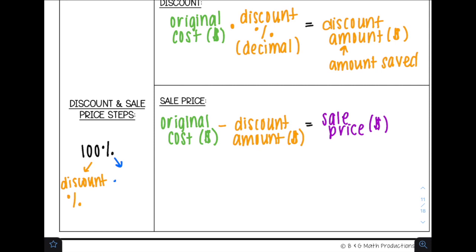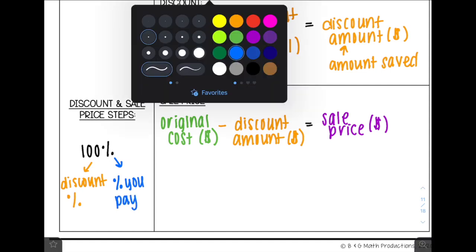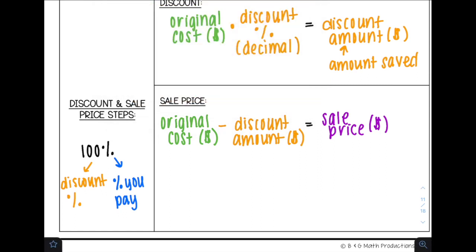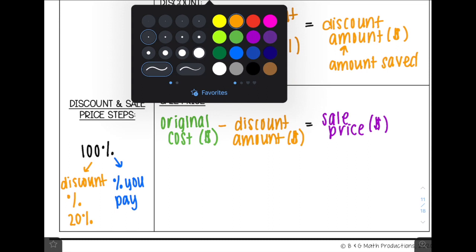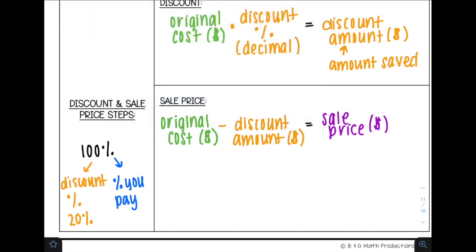So this is the percentage you pay. So let's say I have an item that's going to have 20% off. I know that the cost is going to be 80%, because that's how much I'm going to pay. If you think about it, you have your 100%, you're taking away your discount, and you're left with the percentage that you're going to pay.